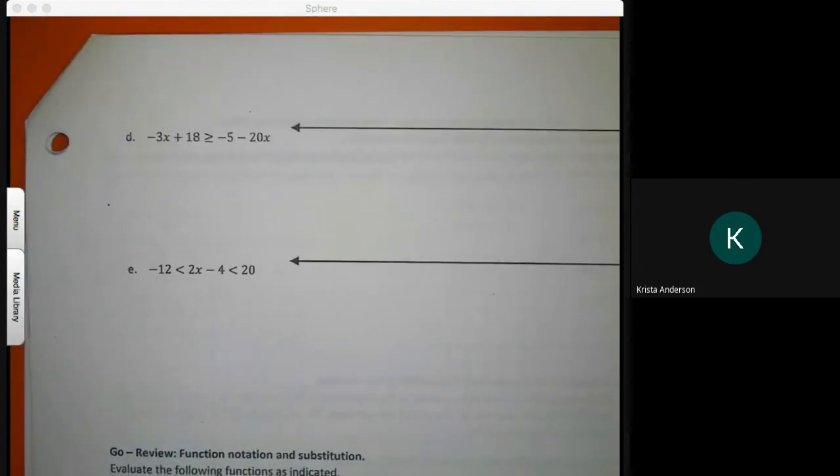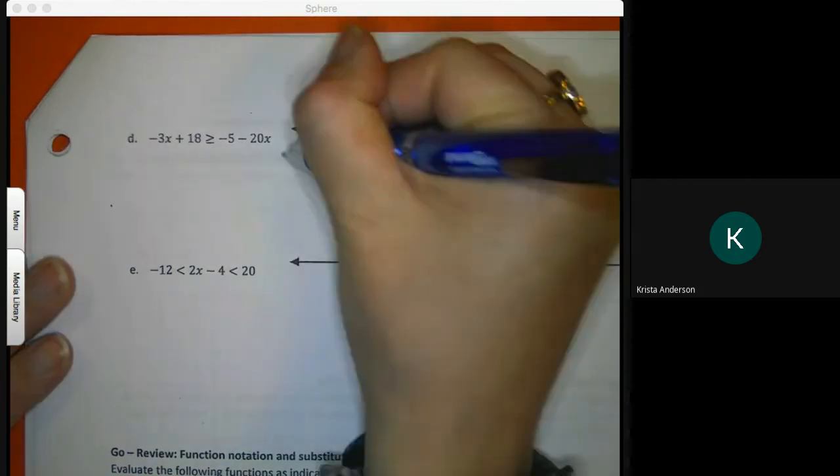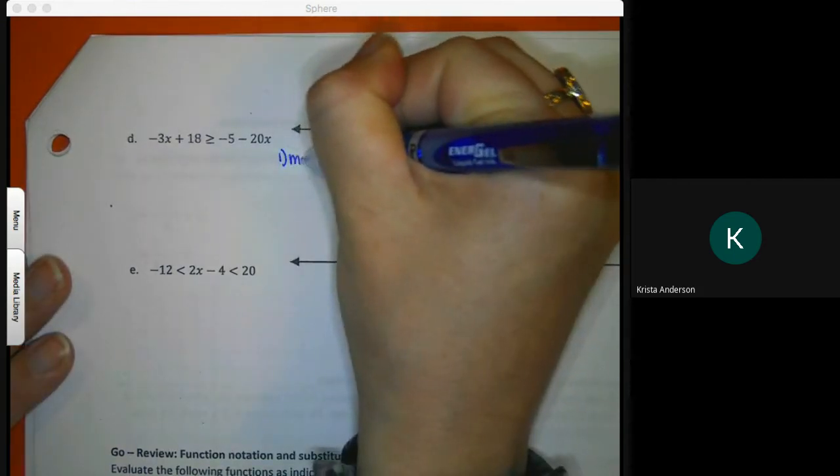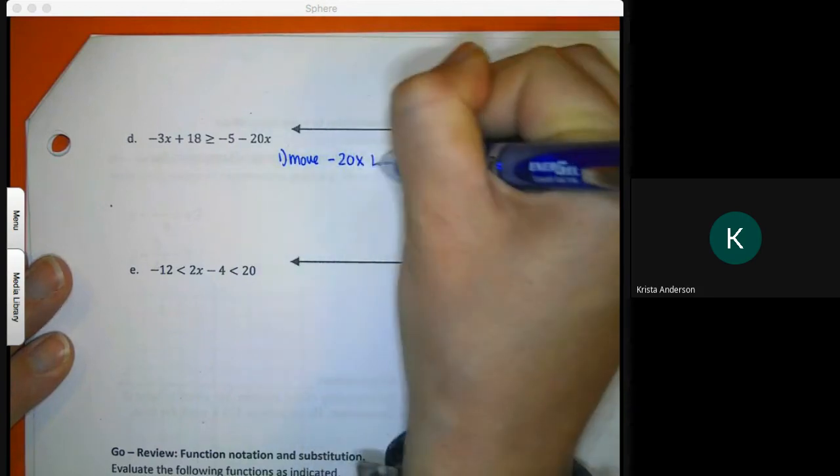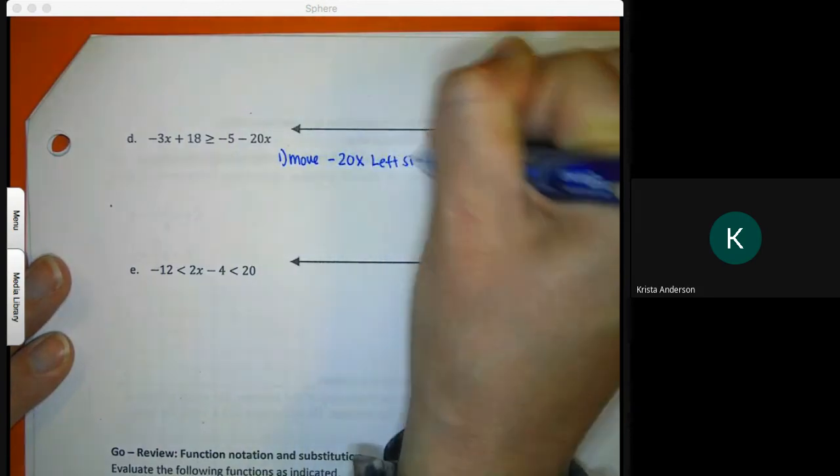Do I need to distribute on this one? Do you see any parentheses? Nope. Do you see any like terms that I need to just put together really quick before I start moving pieces? There are no like terms, so I'm going to start by moving the negative 20x to the left side.